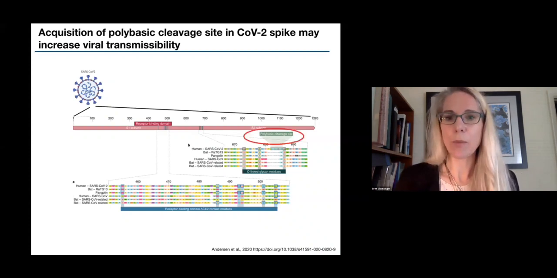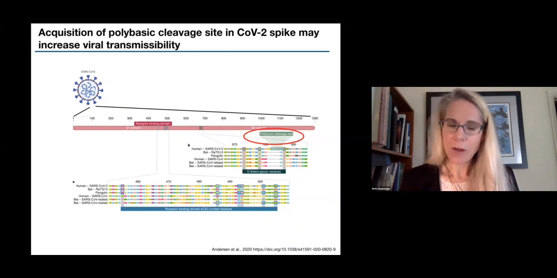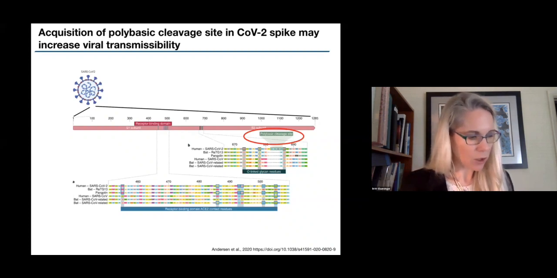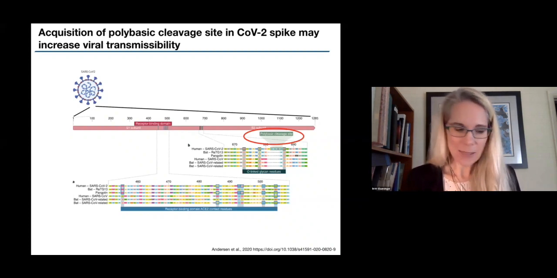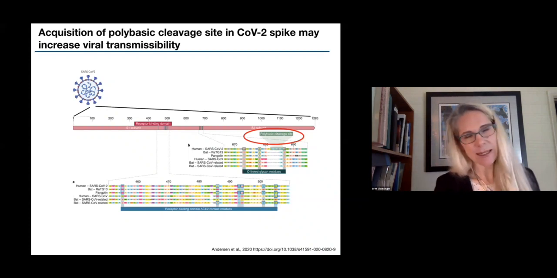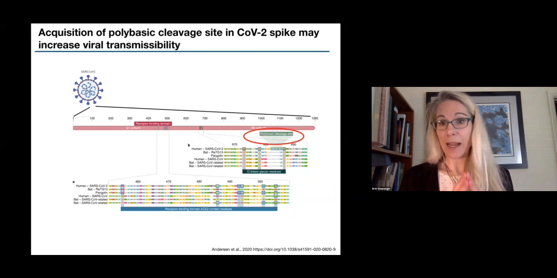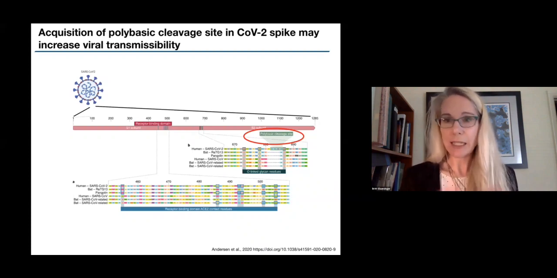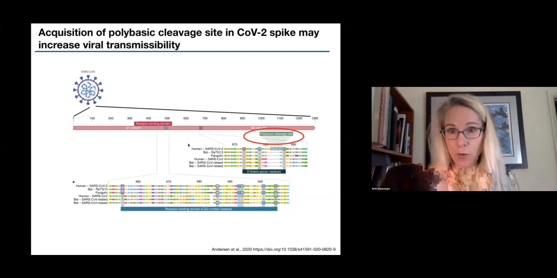The second point that I want to make is that, unique to CoV-2, this spike protein has acquired what's called a polybasic cleavage site. And this has gotten a lot of press because polybasic cleavage sites are predicted to enable cleavage by other cellular proteases, furin, for example, or maybe more efficient cleavage by the TMPRSS2 protease.